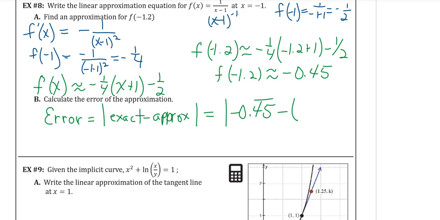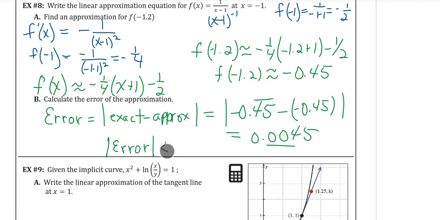So we're going to subtract from that our approximation, negative 0.45. That is going to give us 0.0045. If you notice, we have 2 zeros here, so the absolute value of our error is going to be less than 10 to the negative 2.